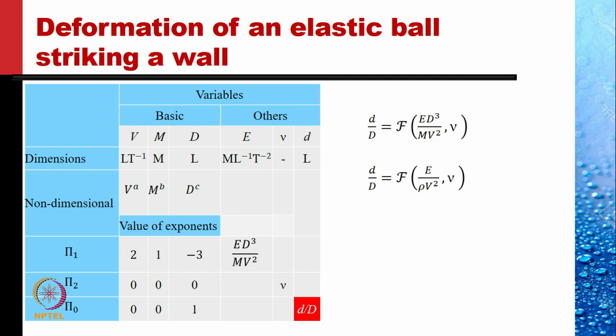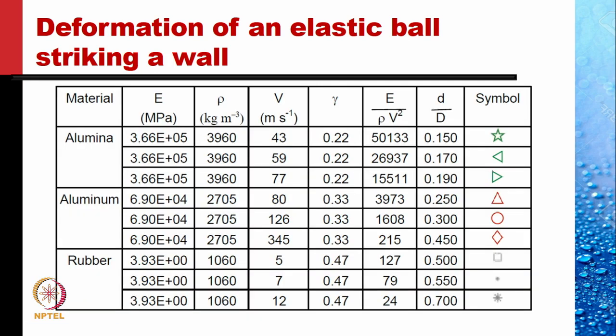V square is the velocity just before the impact. Johnson, in the text that has been noted as your textbook, gives you data on various experiments done with an elastic ball striking a wall.